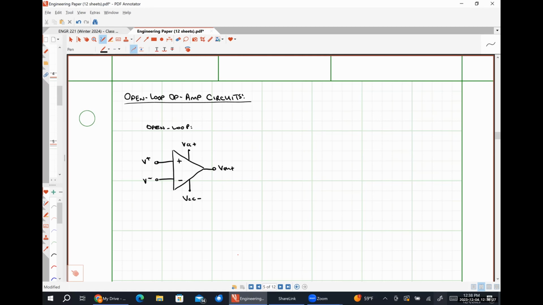Next thing that we're going to see is positive feedback. So in a positive feedback configuration, we're going to have our op-amp. We are also going to have, I'm not giving myself a whole lot of room here, so I apologize for that.